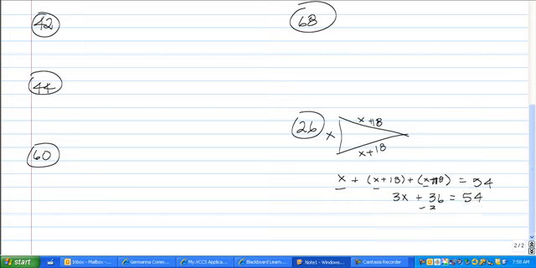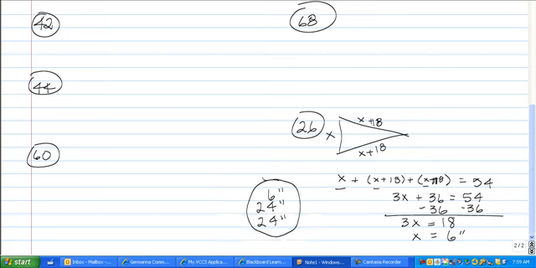If I subtract 36 from both sides, 54 minus 36 is 18. I get x is 6, and that's inches. And we're to find the lengths of the sides, so we know the one side is 6 inches. If we add 18 to that, we get 24 inches and 24 inches. So there's the answer to 26.